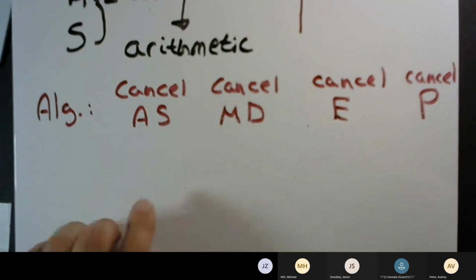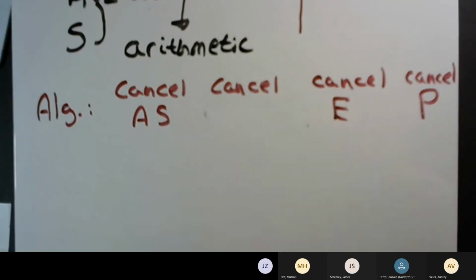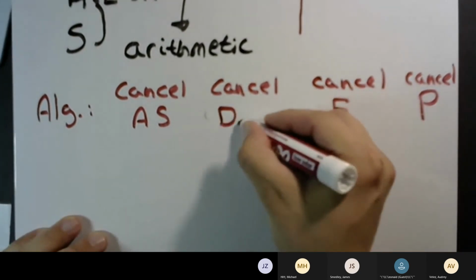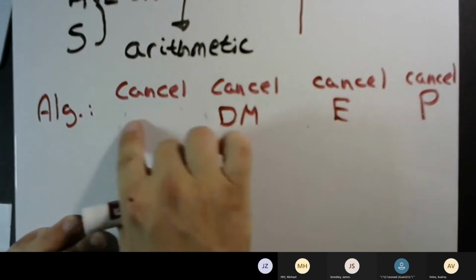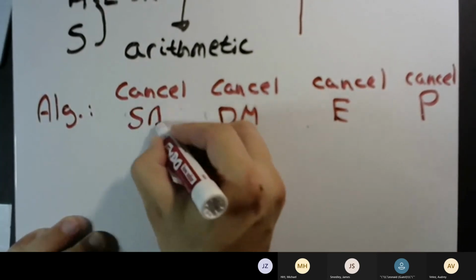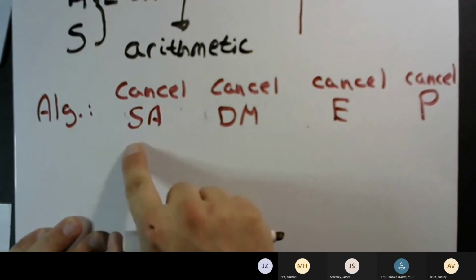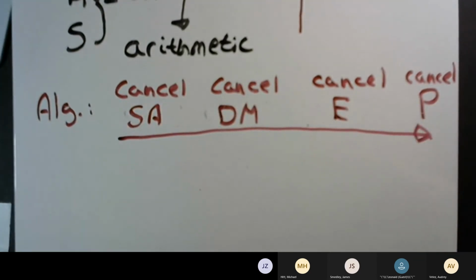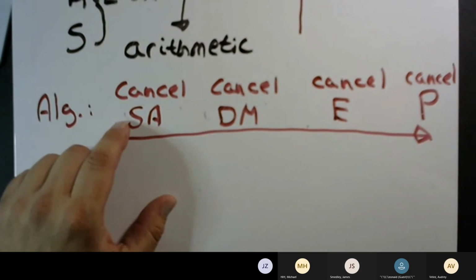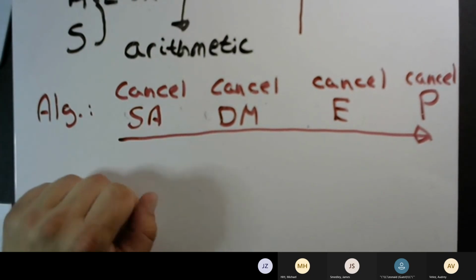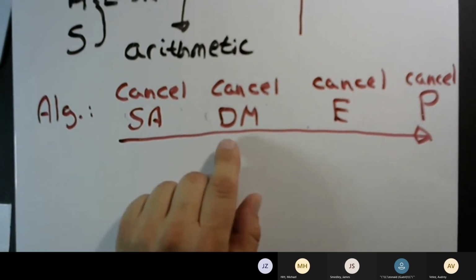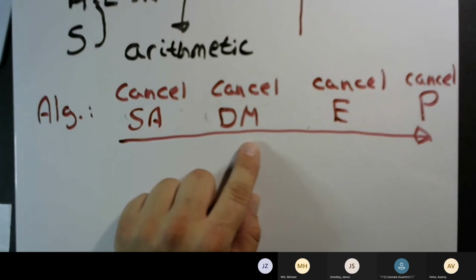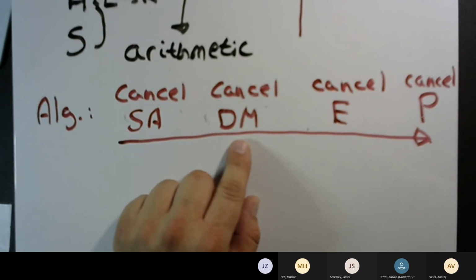So here's PEMDAS. Let me put it like this so you can see it backwards. We go through PEMDAS, but in the other direction. We go like this. And instead of performing the subtraction and addition, we cancel them. Instead of performing the division or multiplication, we cancel them.